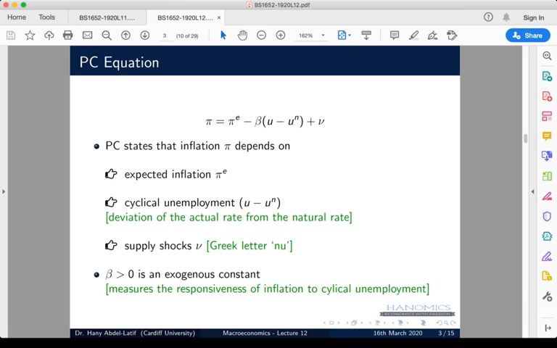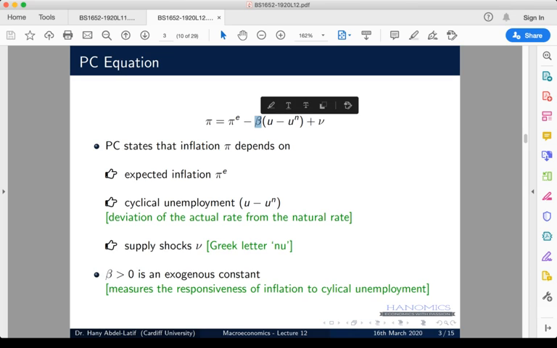We also just said that we should consider supply shocks, so that's why you will see this Greek letter nu here. It refers to supply shocks, such as oil price shocks, as we explained before, and b here is just a parameter or an exogenous constant.